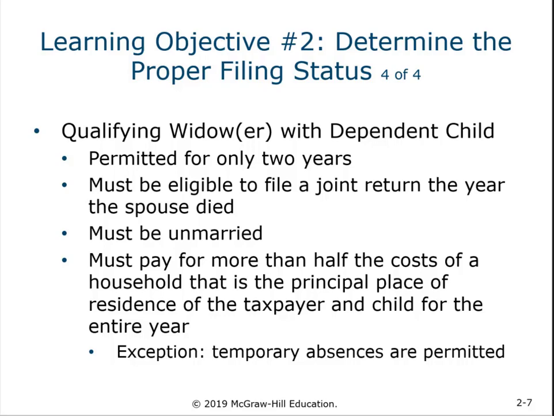Parents, cousins, other people, unless they qualify as a qualifying child, don't make you a qualifying widow or widower. So that's that thing. And notice it's not just about losing your spouse. It's about having a dependent child as well.